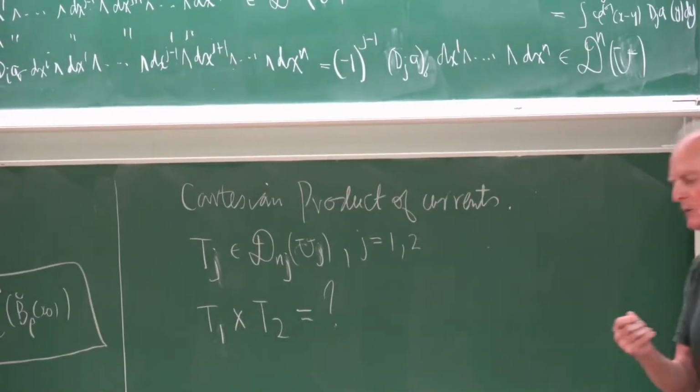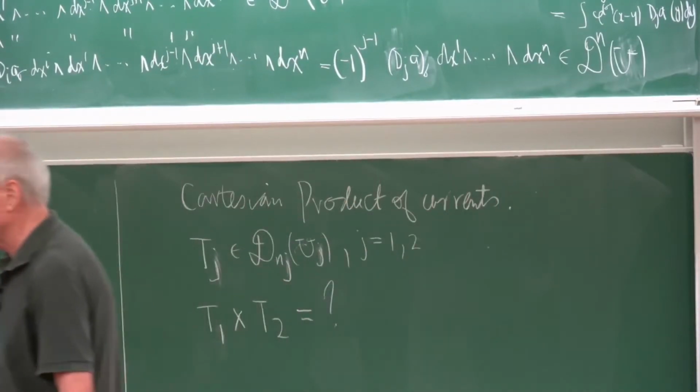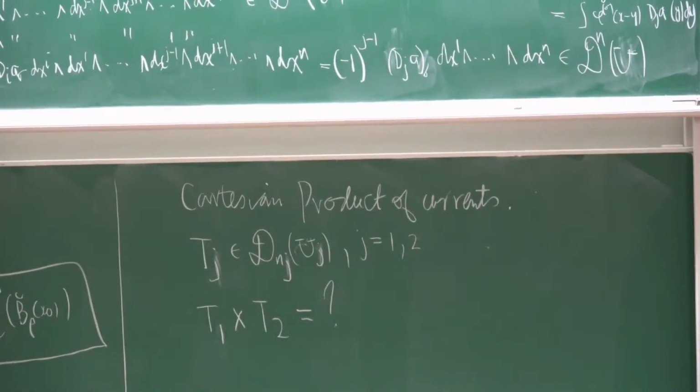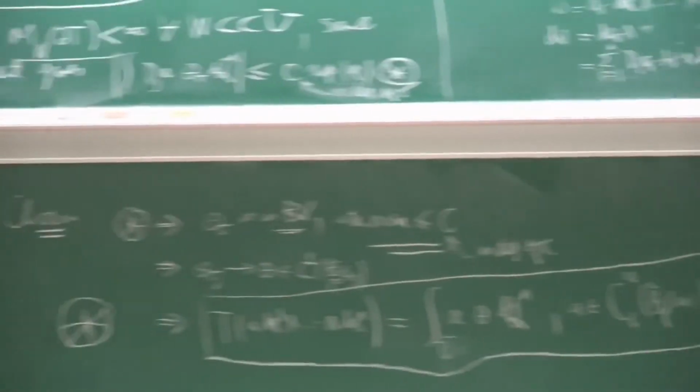Now remember, when you're trying to work out the right definition for something, it's usually good to go back to the prototypical example again. Remember, the prototypical example was the example of a manifold. So in this case, there would be two manifolds.